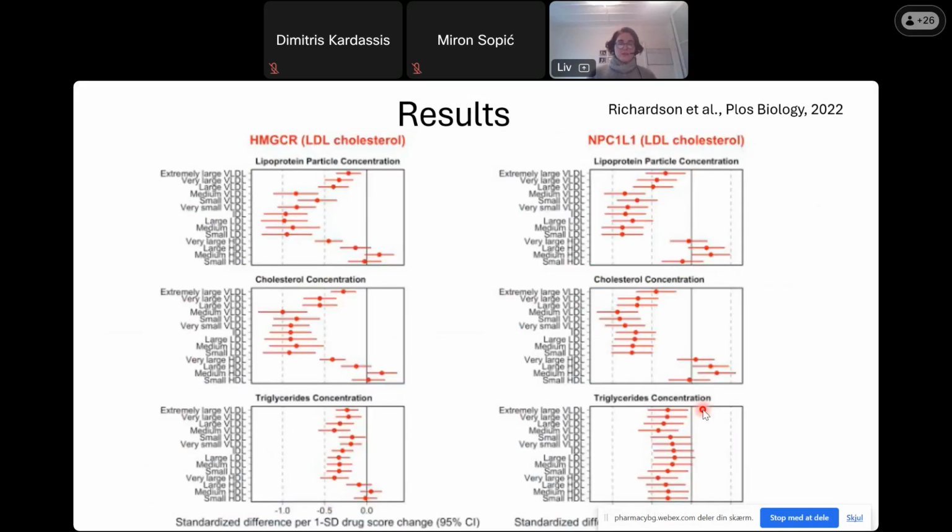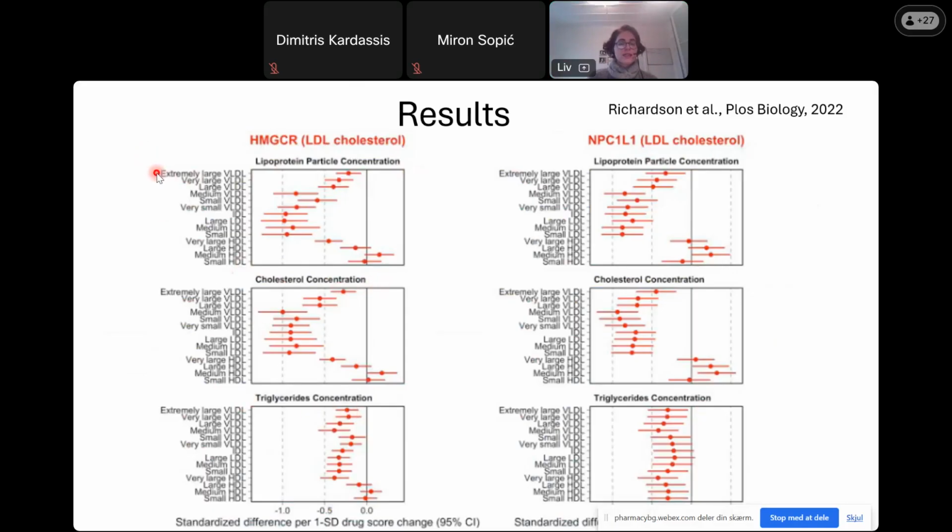And they wanted to investigate this metabolic signature of the different drug targets. So here they're looking at HMGCR, and they have the lipoprotein particle concentration, cholesterol concentration, and triglyceride concentration.